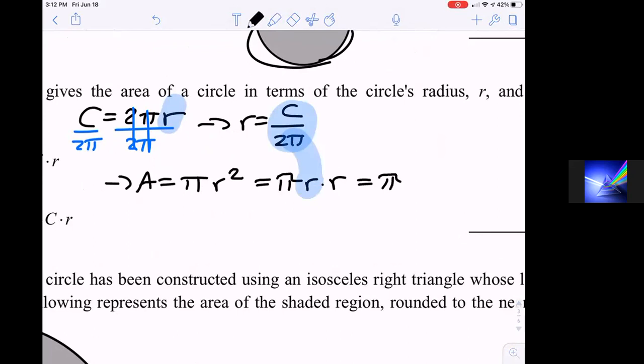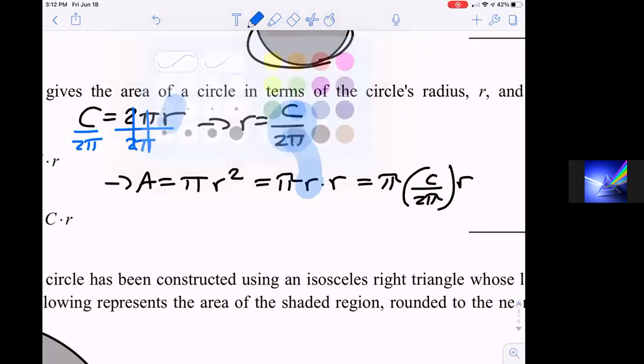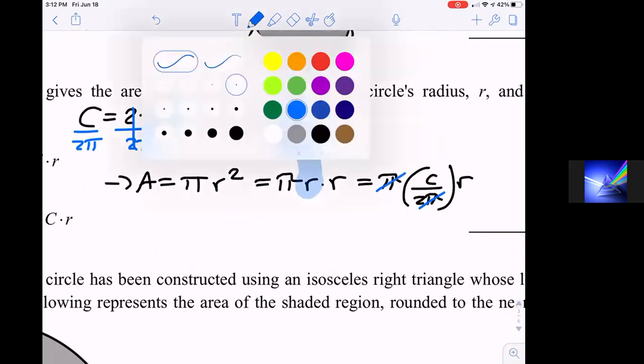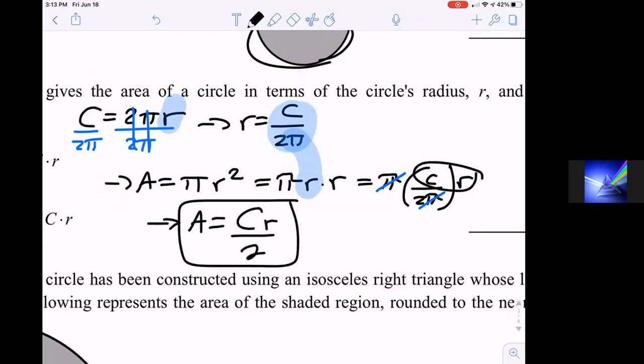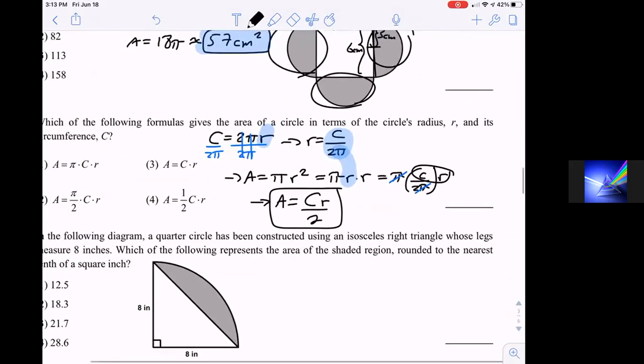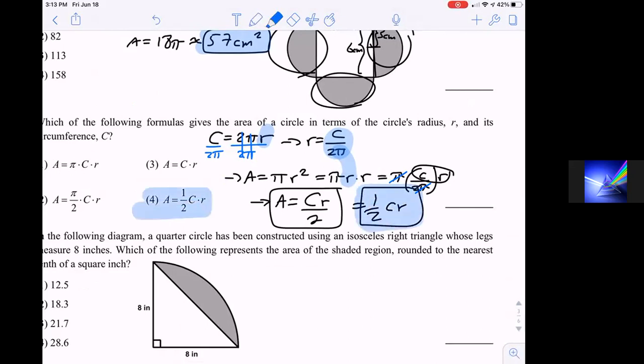And we get pi times c over 2 pi times that second radius. You can see the factor of pi cancels, and we are left with the area is equal to circumference times radius divided by 2, or you could say 1/2 circumference times radius, which is option 4.